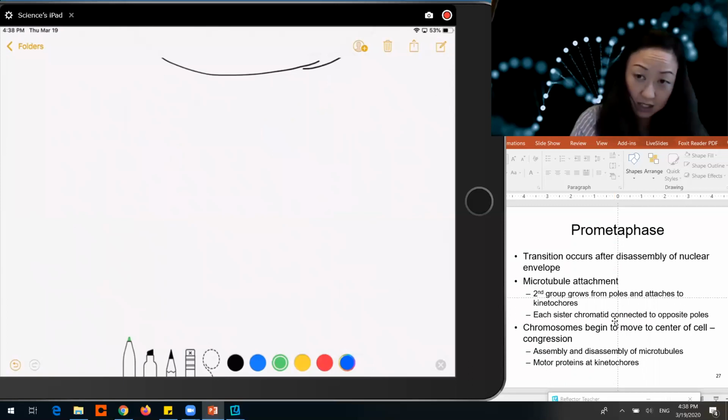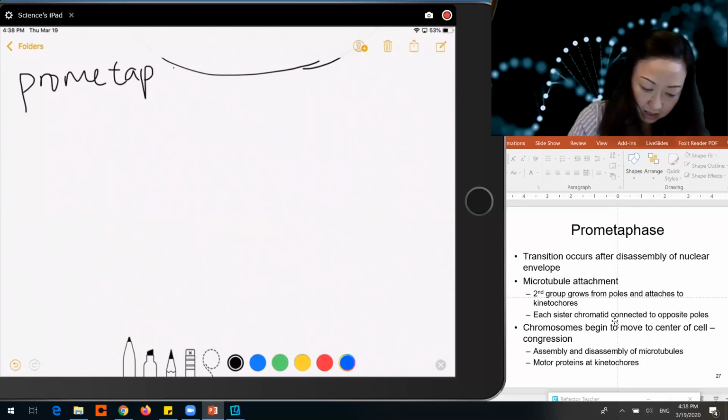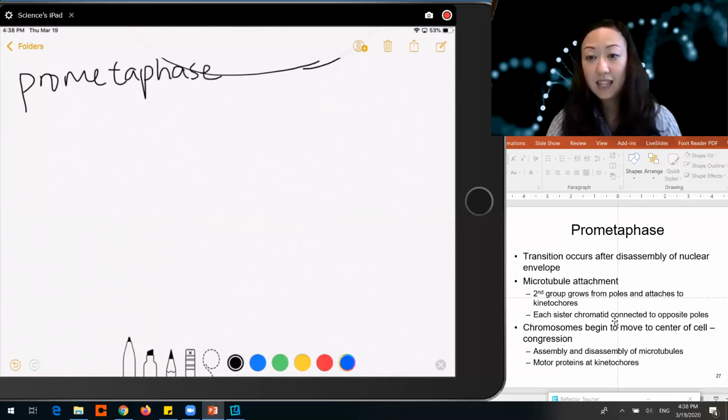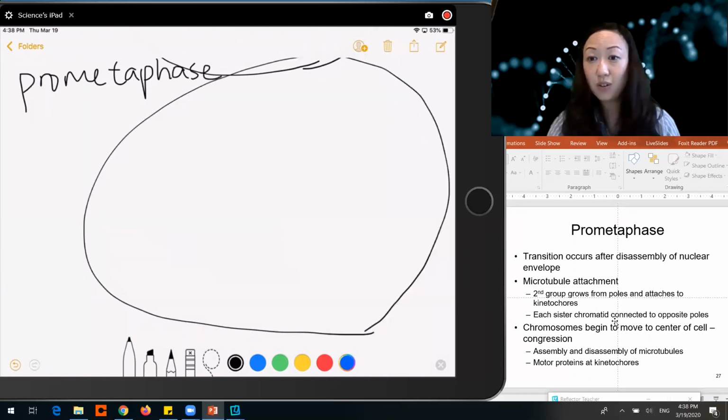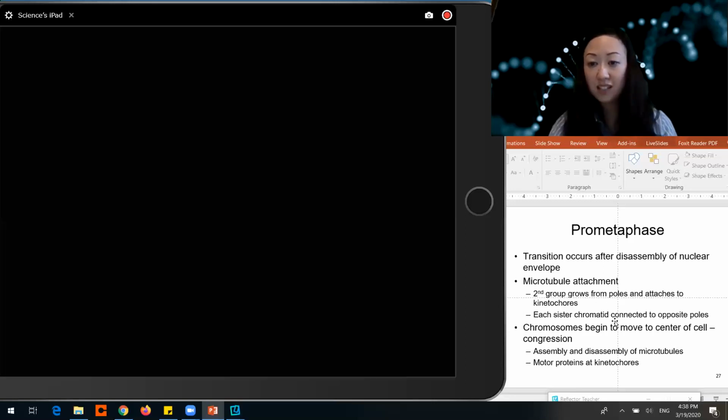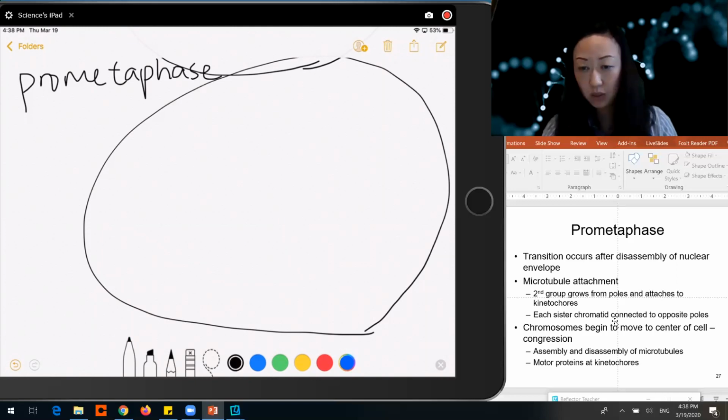Okay, so again, let's spell it out together on your paper, prometaphase. Prometaphase also still has the cell membrane. But now the cell is ready to transition. Transition happens after disassembly of the nuclear envelope.